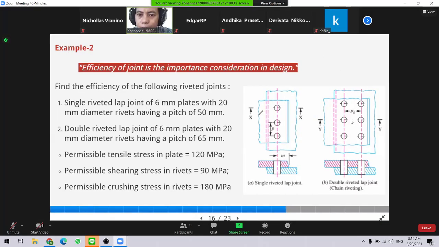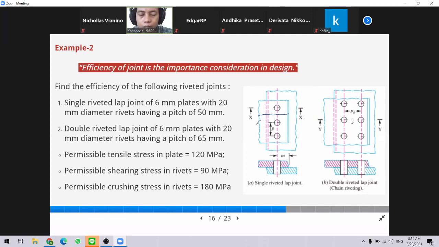This is the pitch that we analyze. And for the next joint, we also have this kind of pitch. Same.